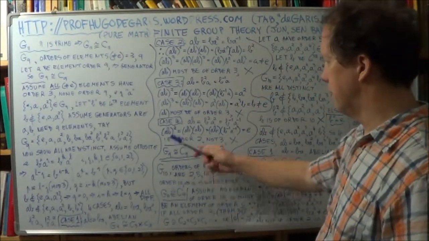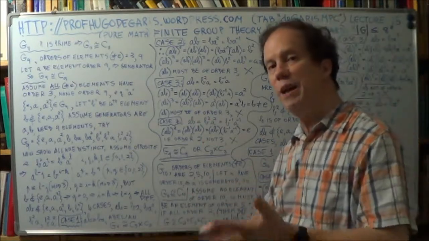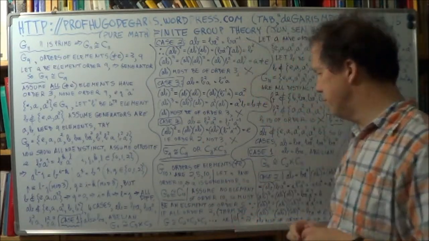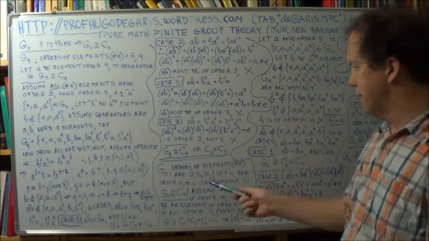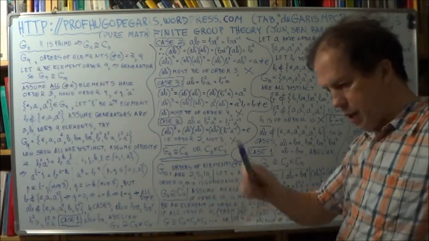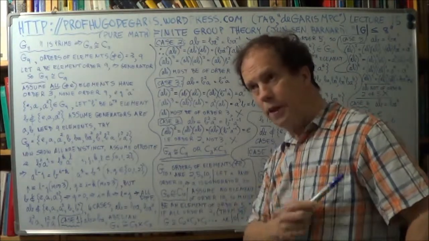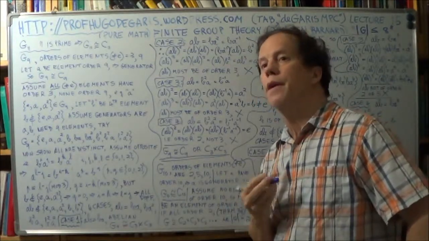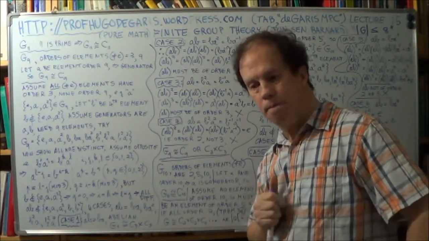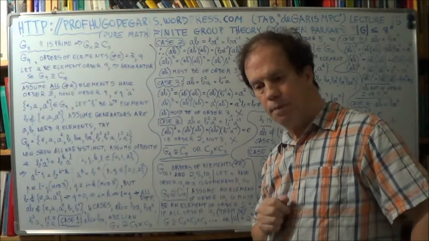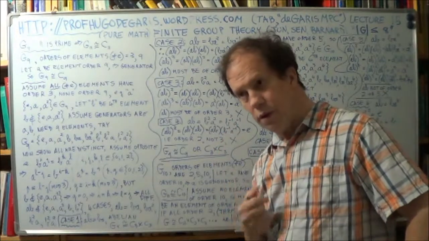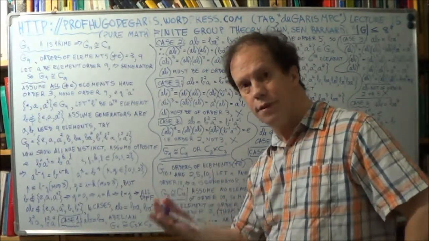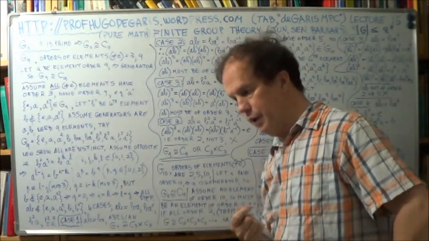And now let's try G10. Much the same kind of analysis. So again, use the corollary that the order of the elements, except for the unit, is a factor, divides the order of the group.